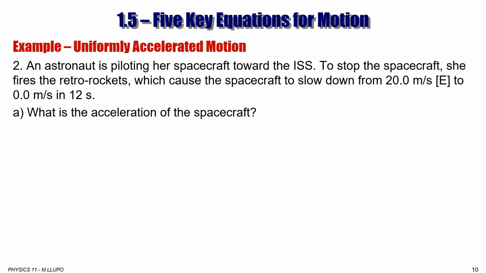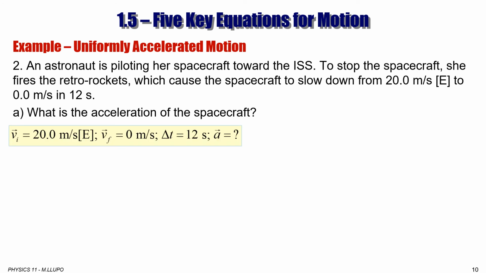What is the acceleration of the spacecraft? So what is given? V initial is 20 meters per second east. V final is 0, it will come to a complete stop. Time is 12 seconds. Acceleration is required.